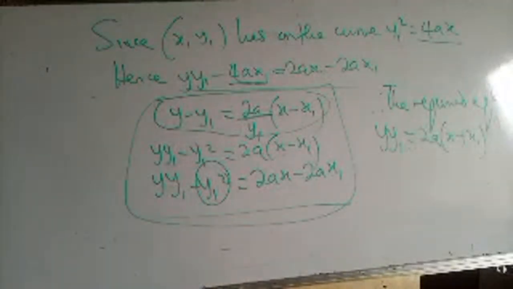Let me not confuse you here. Oh yeah, let us do this. I actually want us to go to the example, but let's do this so that you don't think you are being misled. Now open it up. You have y1 minus 4ax1 plus 2ax1 is equals to 2ax.